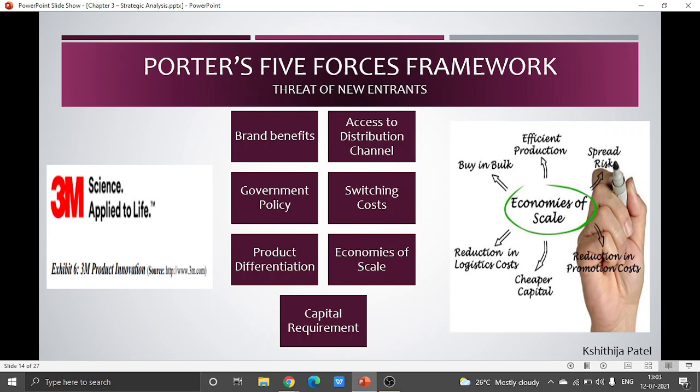But a new entrant normally would have to start its operation from a smaller scale. And this in turn leads to a relatively higher cost of production for the new firm and adversely affects its competitive position in the market.